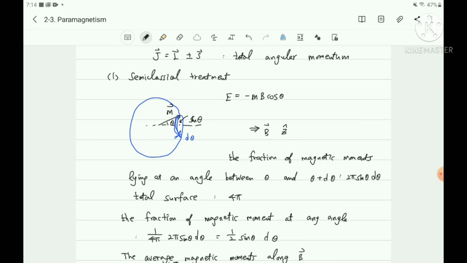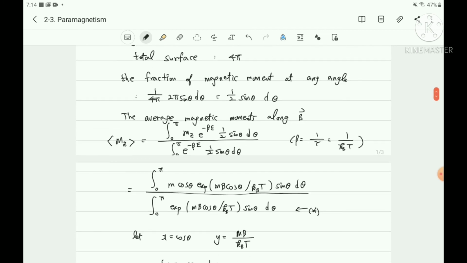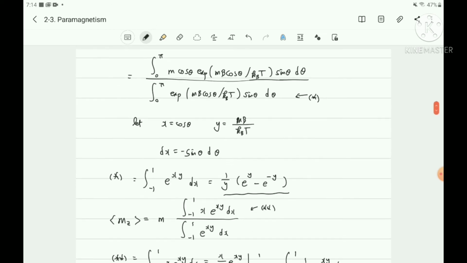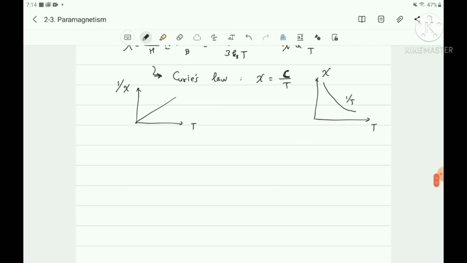Semi means that this expectation value formalism is similar to classical statistics. And also, let's consider the quantum mechanical treatment. Quantum mechanics means that the spin does not have an arbitrary direction; it should have a quantized direction. Here it is the quantum mechanical treatment.